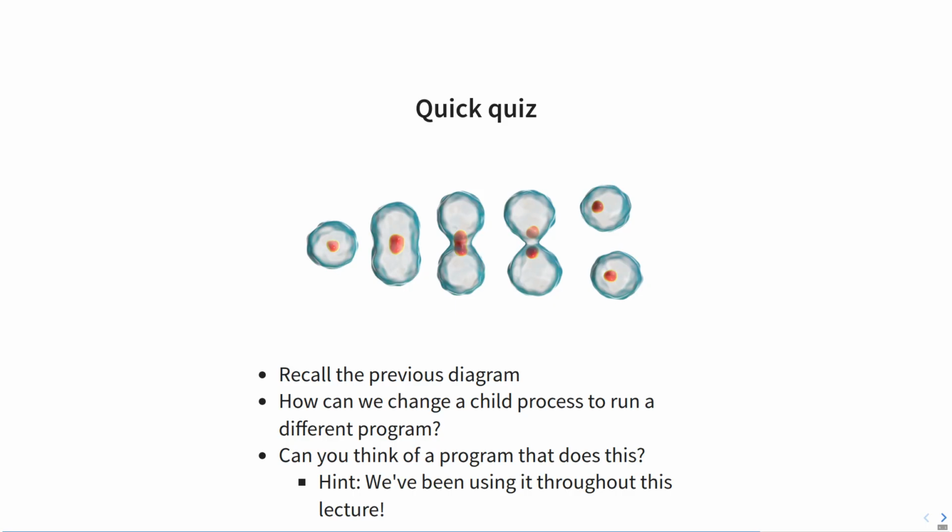It's kind of similar to Git when you branch. Well, that's a similar idea of branching, but it's not creating a different process necessarily. So there's a hint: we've been using this throughout the entire lecture. There's a program that runs all the time, and then we tell it to do something, and it forks and execs.